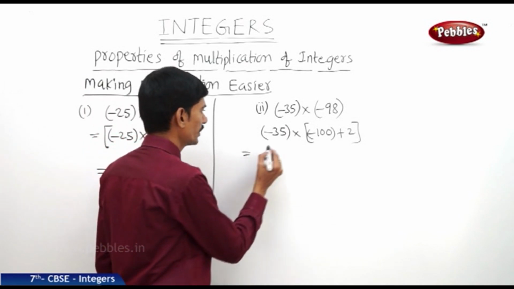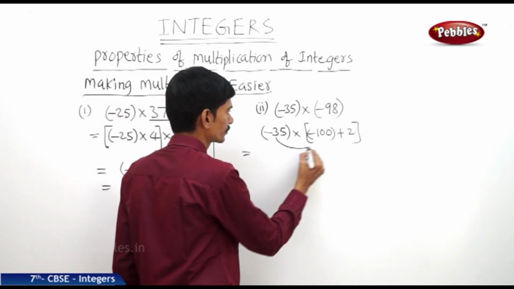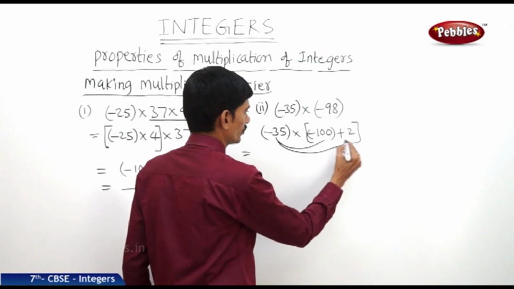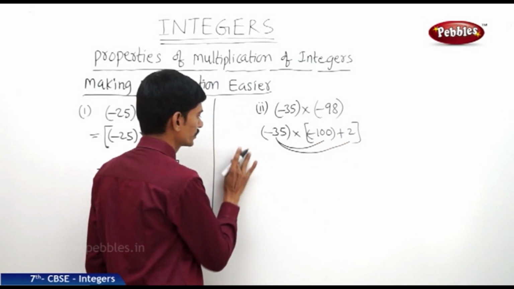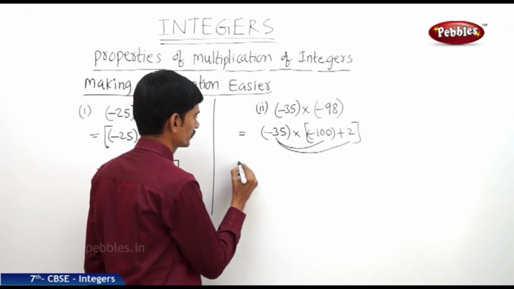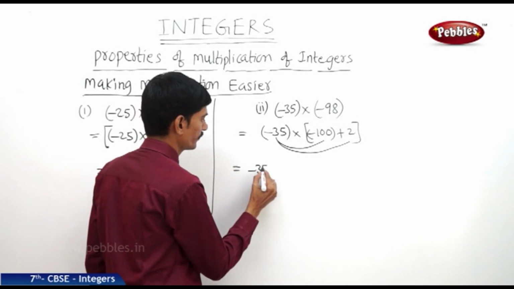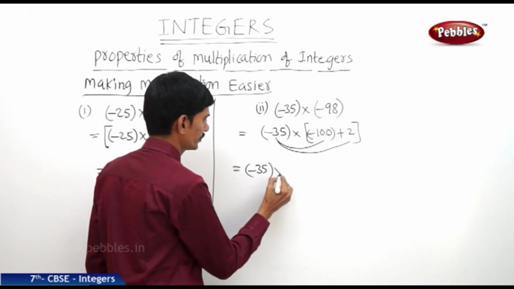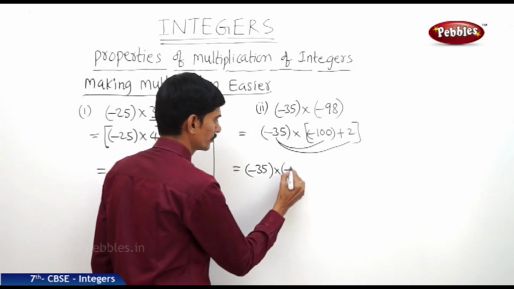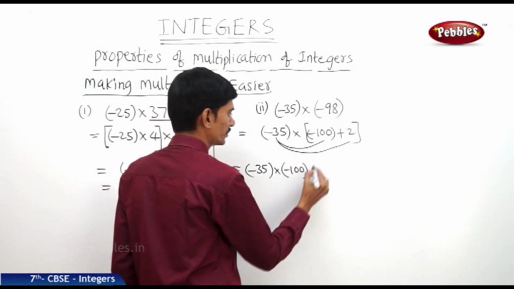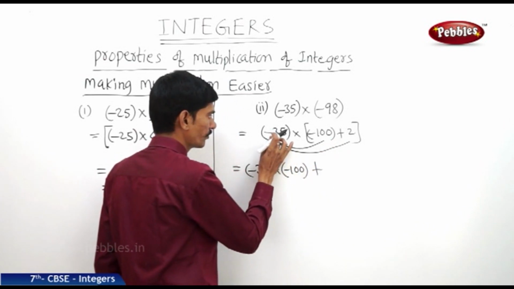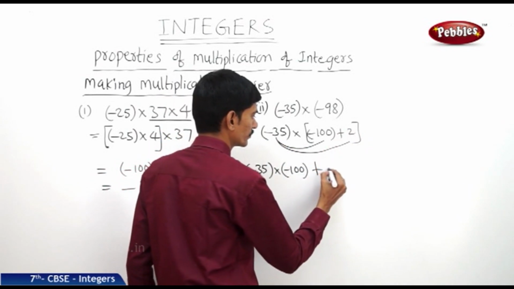Now here minus 35 is distributed to these two integers over the addition. Now this can be written as minus 35 into minus 100, plus, again, minus 35 multiplied by 2.